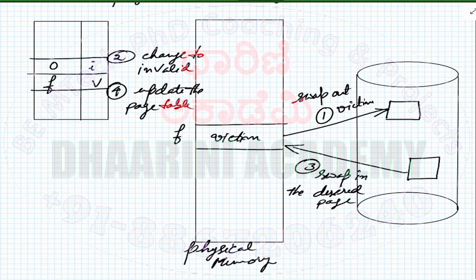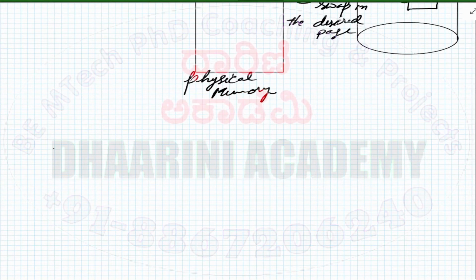These are the different steps that we have to follow whenever we don't find any free space available, and we find that some of the pages loaded in the memory are not currently being used. In such a case, we can definitely do a swapping operation. All right, so let's write the steps to be followed.